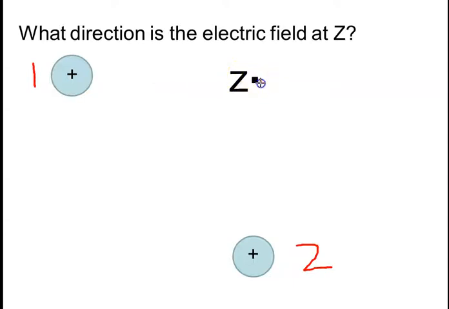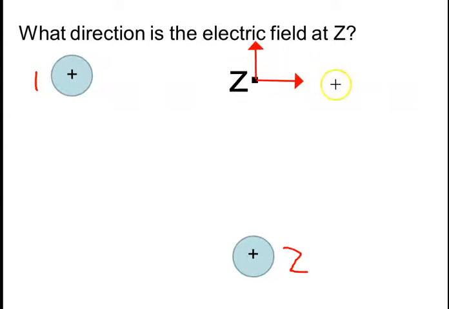Well, we would pretend to put a little positive charge there, and it would get pushed either to the right or to the left. From Q1, it would get pushed to the right, so we would have an electric field that way. And then from 2, we would have an electric field this way.